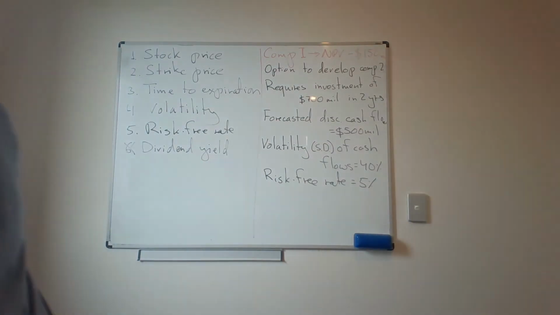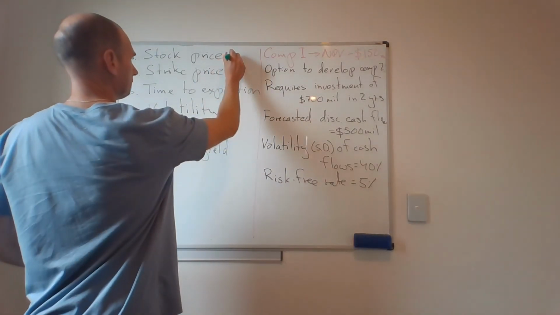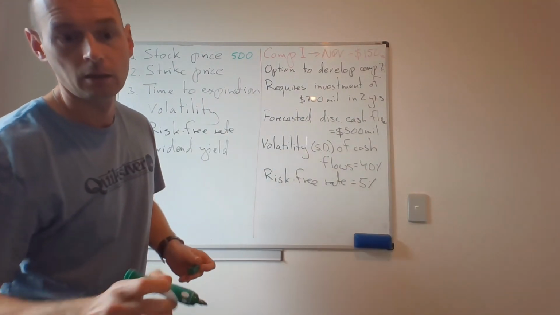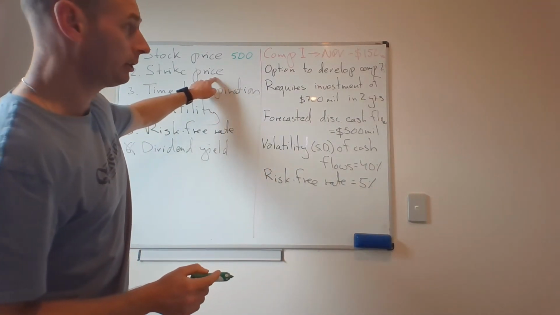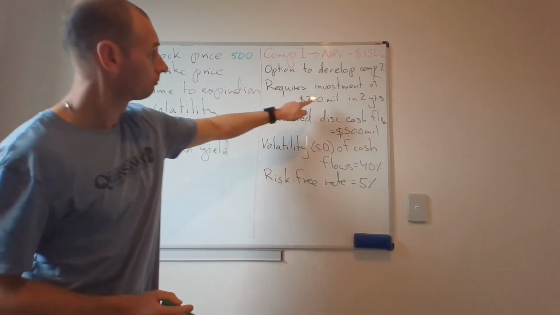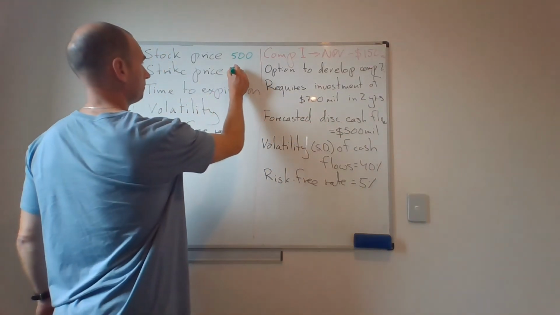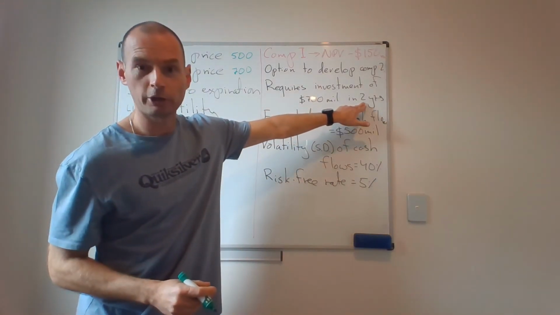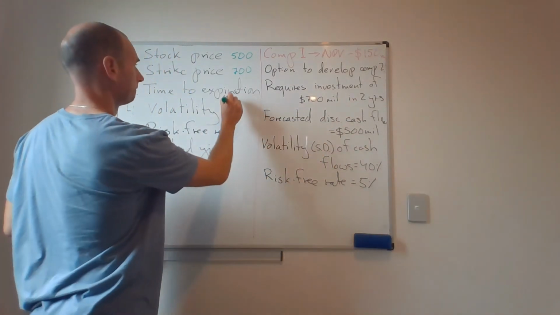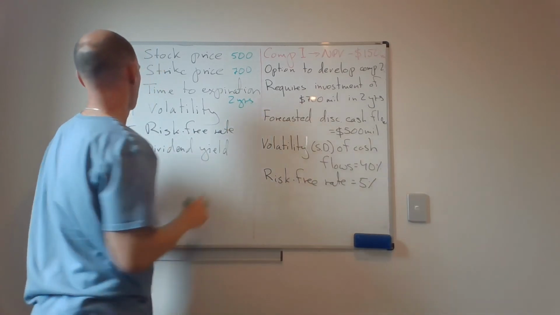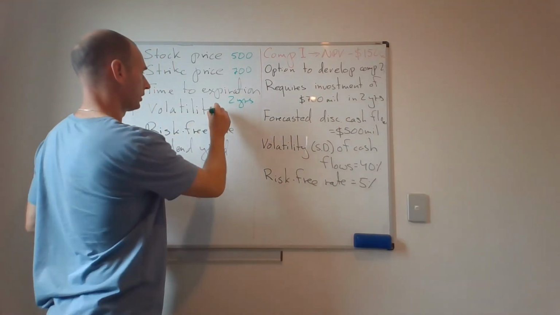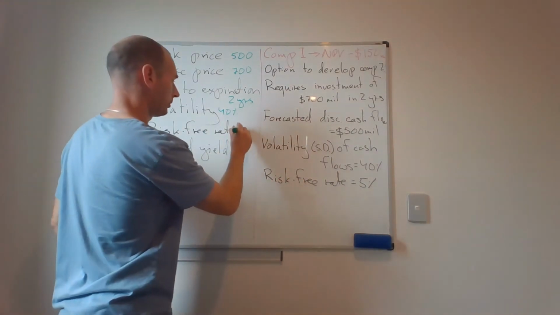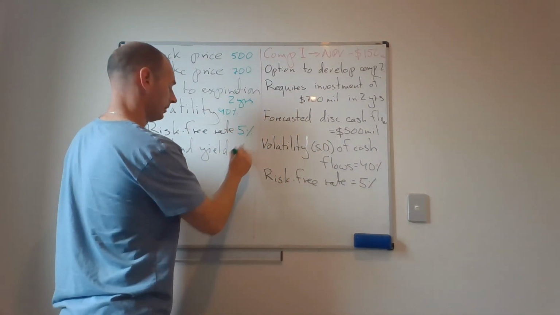Let me use a green color. My strike price is how much am I buying it for? 700. My time to expiration is 2 years. My volatility is 40%. My risk-free rate is 5%. And my dividend yield is 0.